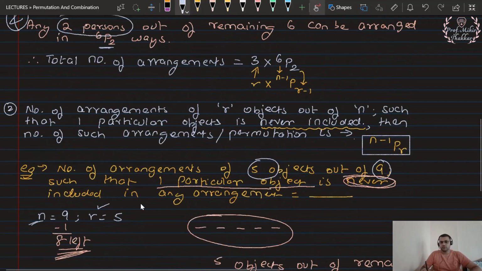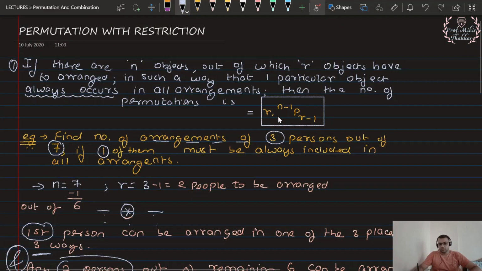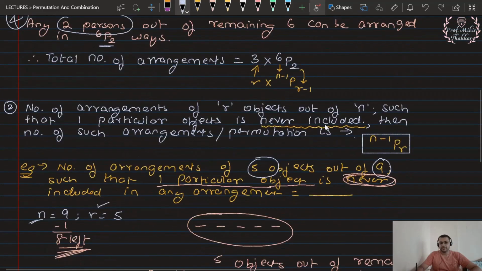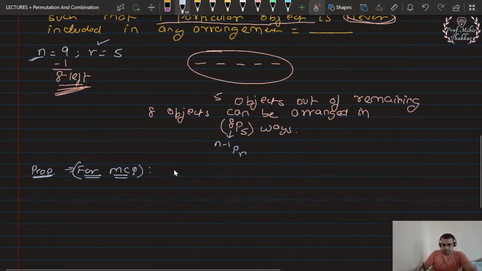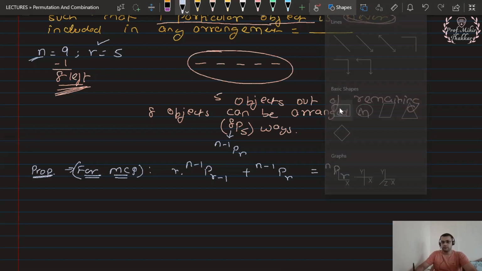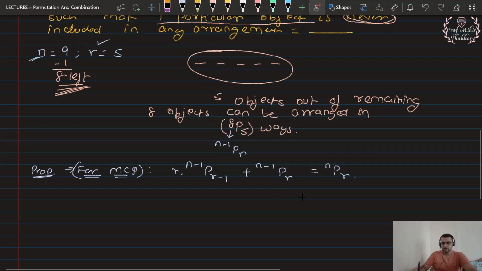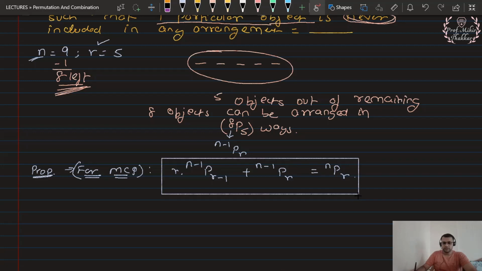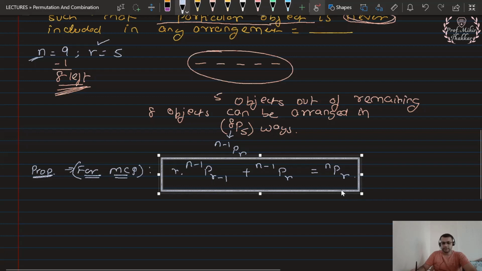The two answers you got here: the first answer was r into (n minus 1)P(r minus 1), and the second answer is plus (n minus 1)Pr. If you add these both values, it should be exactly equal to nPr. This is a very important property that you will see when solving your MCQ, and it will help you select the proper answer.